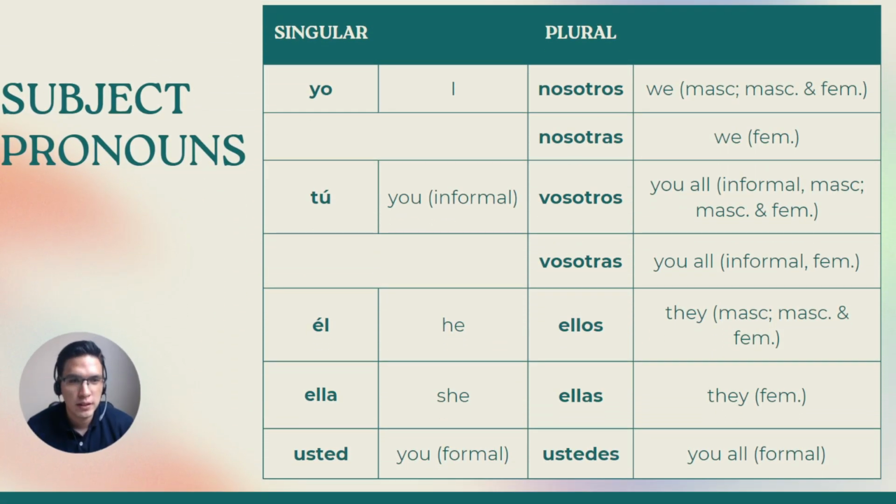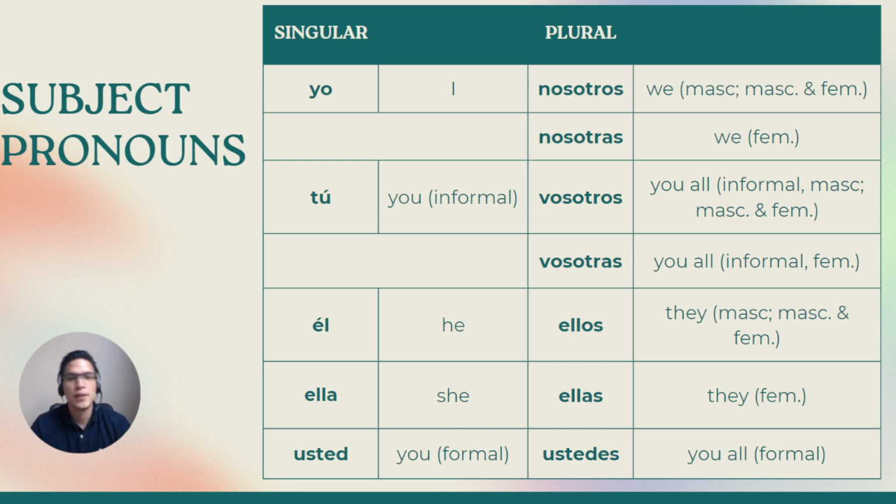Okay, subject pronouns. In English, there are 7 subject pronouns: I, you, he, she, it, we, and they. Spanish includes these same basic pronouns but also has additional forms to indicate gender.